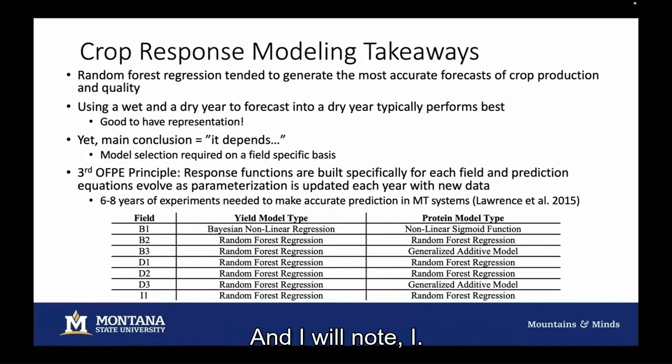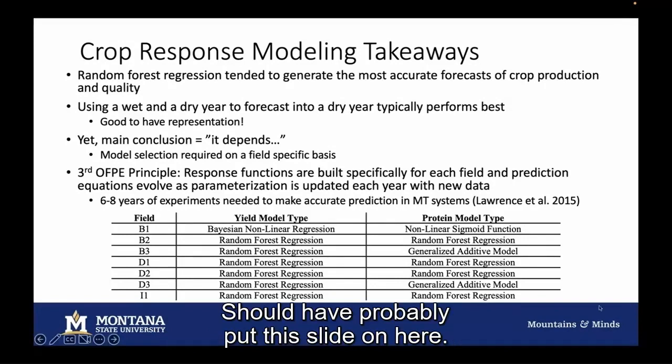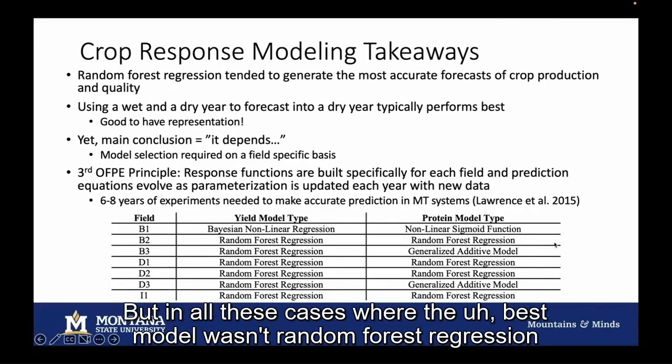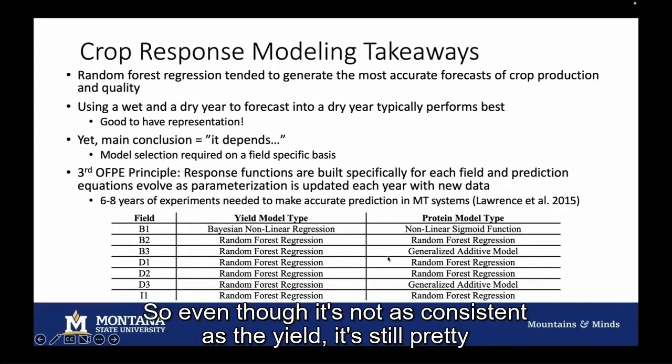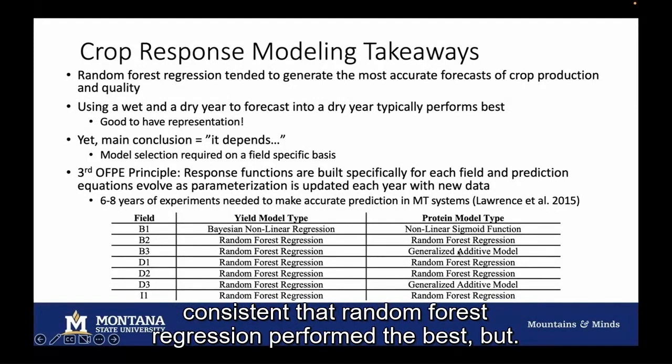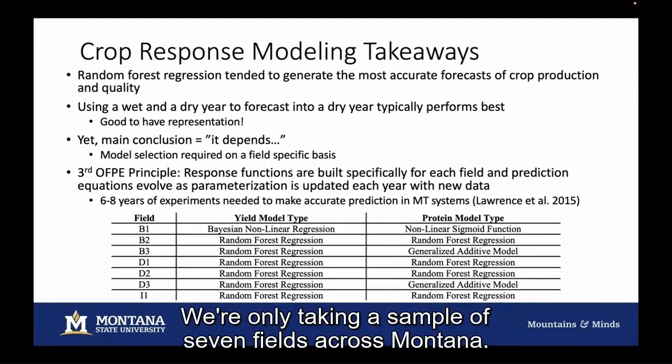And I will note, I should have probably put this slide on here, but in all these cases where the best model wasn't random forest regression for the protein, the second best model was the random forest regression. So even though it's not as consistent as the yield, it's still pretty consistent that random forest regression performed the best. But we're only taking a sample of 7 fields across Montana.